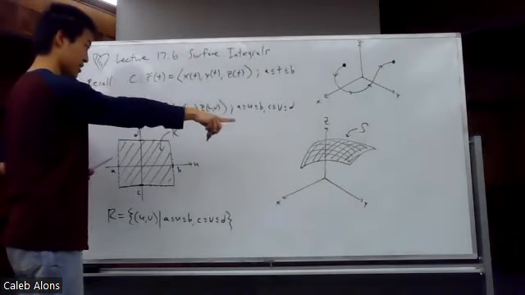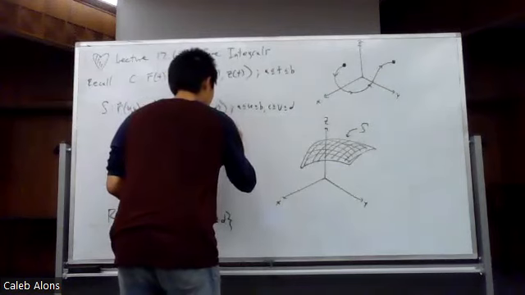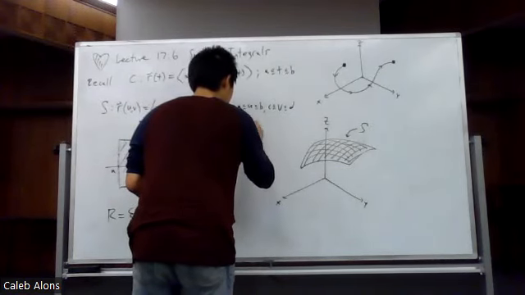And the way we get from here to here is through the parameterization S given by R of U, V.